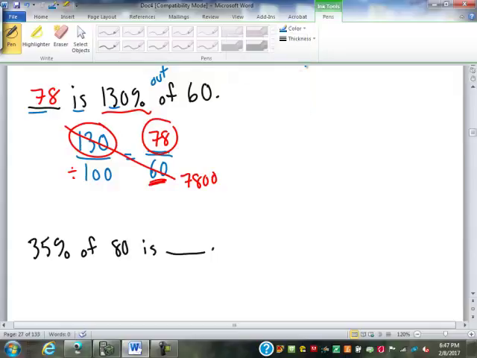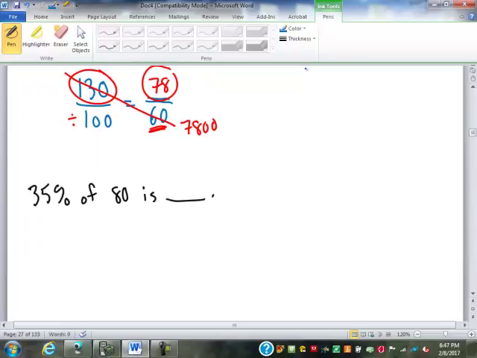This one is worded quite differently, but really pretty much the same problem. 35% of 80 is blank. We start with the percent. 35% is 35 out of 100. Now we look at our wording.